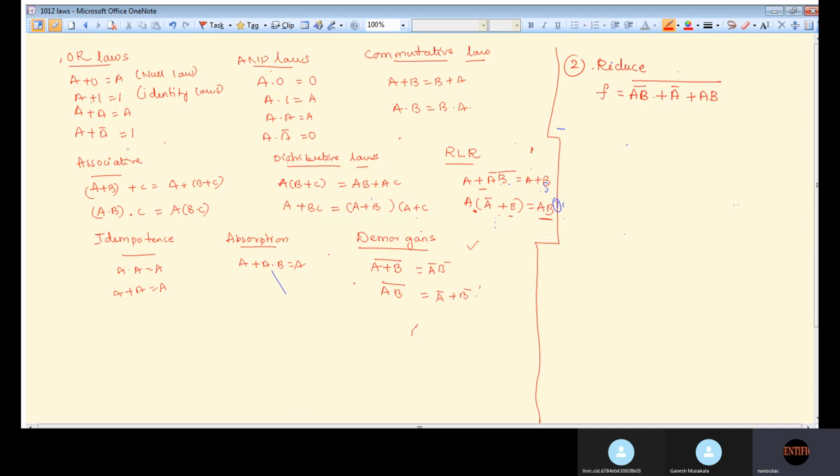Okay, so now reduce this expression. So many laws are on the screen, so you can apply any law, but your intention is to reduce it to one variable, two variables, or even 0 is fine, but we should not see such a big expression. You should reduce it.